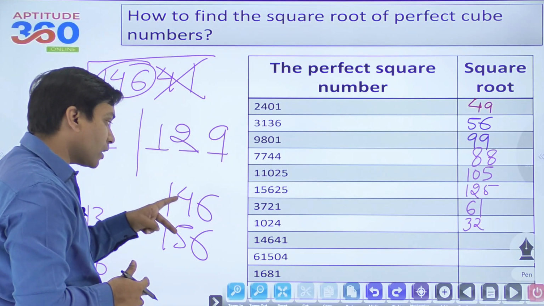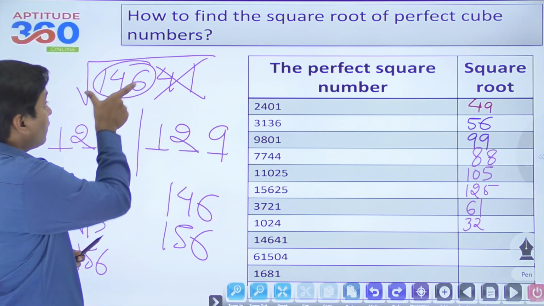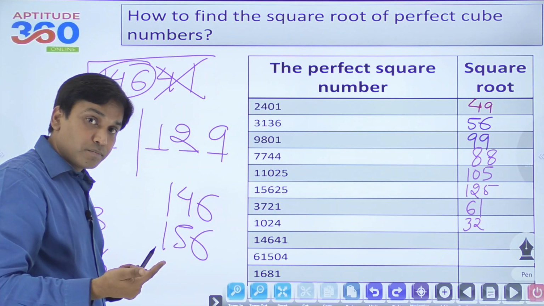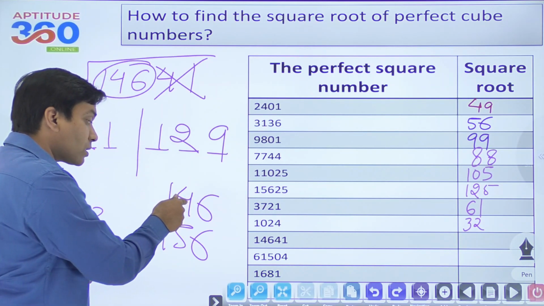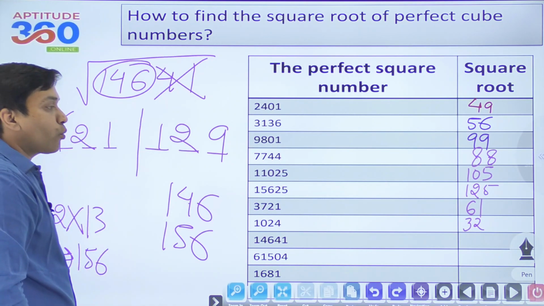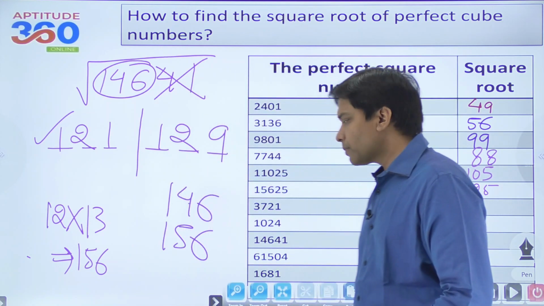So there are two numbers that you have to compare. 146 is our number, and 156 is the number that has been generated. Because our number is smaller than this number, the smaller one is going to be the square root of this number. Isn't it simple?